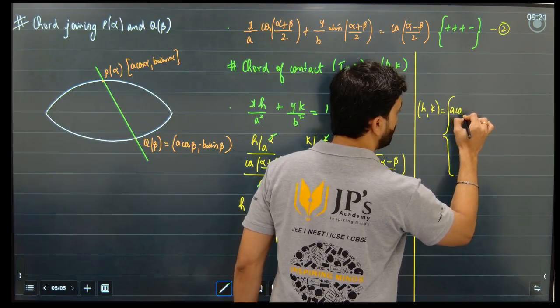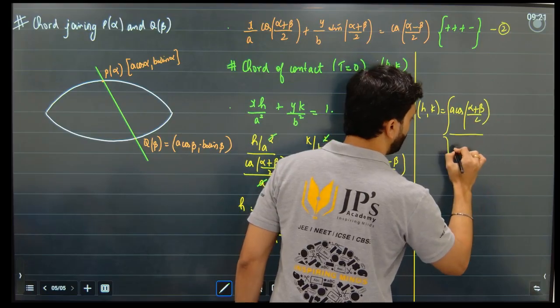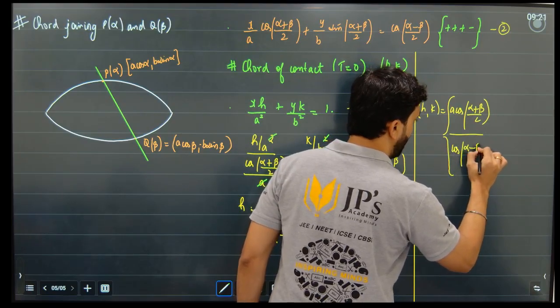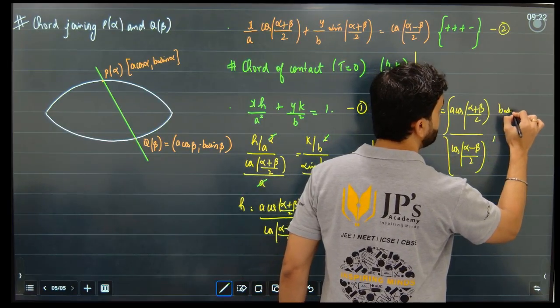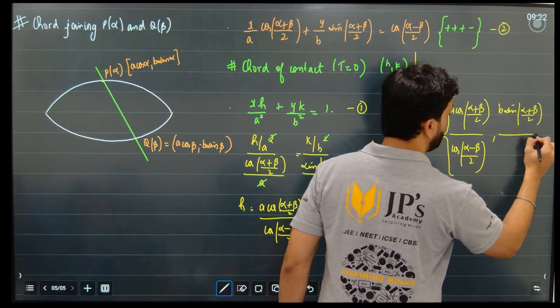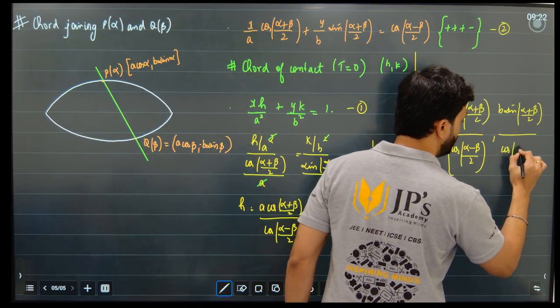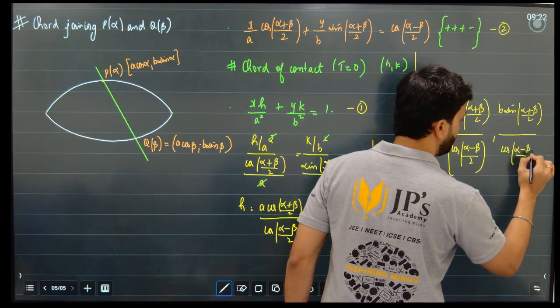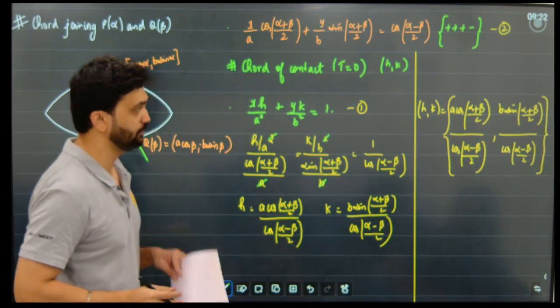It is A cos alpha plus beta by 2 upon cos alpha minus beta by 2, comma B sin alpha plus beta by 2 upon cos alpha minus beta by 2. This is your point of contact.